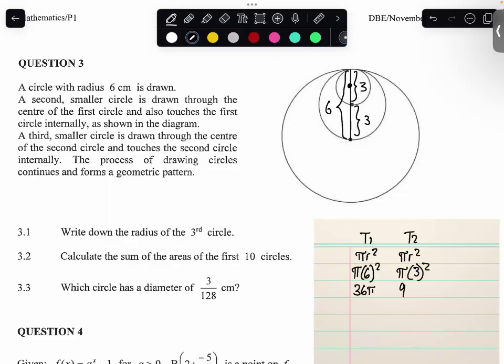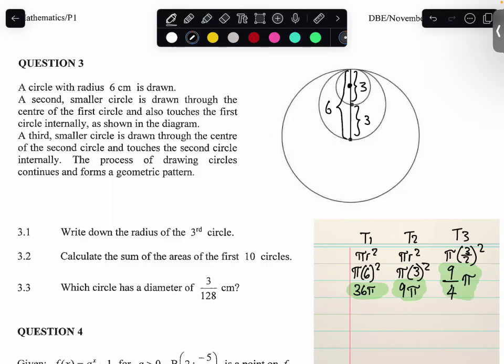So this gives me 9 pi. And T3, again, pi r squared, but r is 3/2 all squared. That gives me 9/4 pi. So these are my first 3 terms. This, that, and that is the first 3 terms of the areas of the circles.